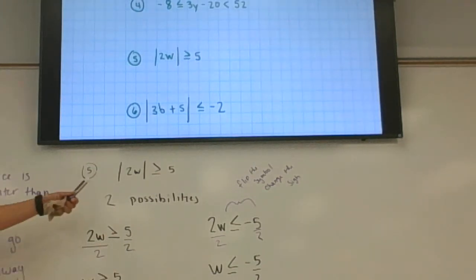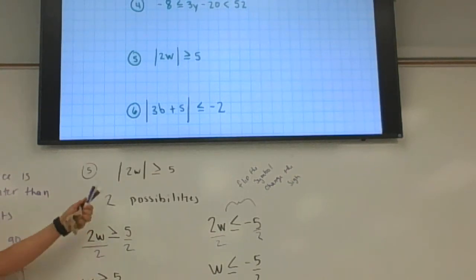Here the distance is greater than 5 units. So your arrows should be going far away from 5. Far left and far right. The graph is of W, not of the problem.